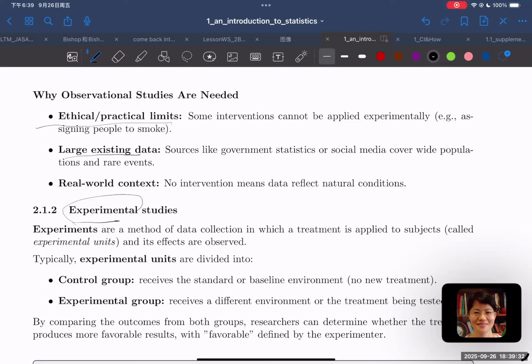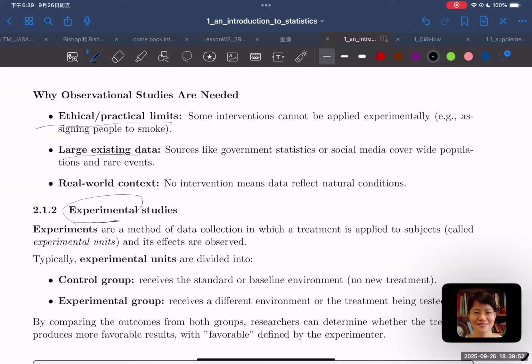For example, in my collaboration with eye specialists, in many situations they told me, oh, Catherine, the sample size is too small. Even collecting 72 patients is so hard.